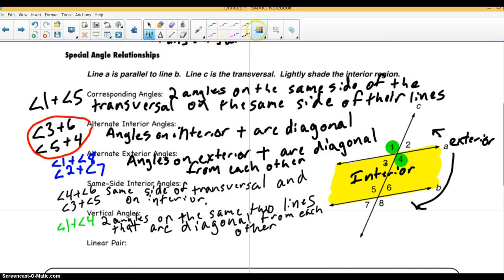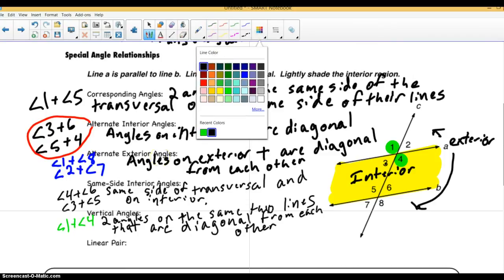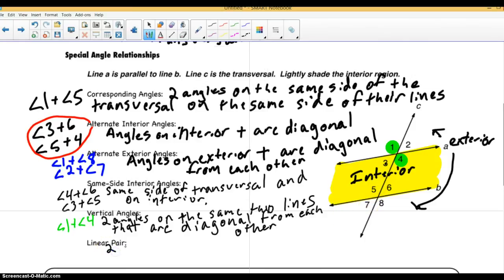For a linear pair, our last one, that is also a review. Those are two angles that are right next to each other when two lines cross. So angles 5 and 6 would be a linear pair, and so would angles 5 and 7. So again, that's two angles on the same two lines that are adjacent to each other.